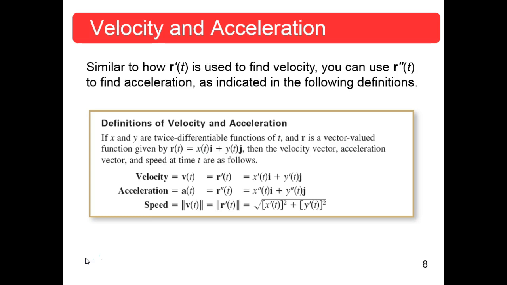When you're taking derivatives of vector valued functions, you take the derivatives component by component. The acceleration a of t, and by the way, these are all vectors as well, is the second derivative of r of t, which is the second derivative of x of t i plus the second derivative of y of t j. And the speed is the magnitude of the velocity vector, which is the magnitude of r prime, which is the square root of x prime squared plus y prime squared. Scalar value, speed, no direction associated with speed.